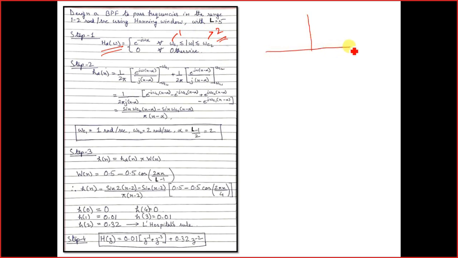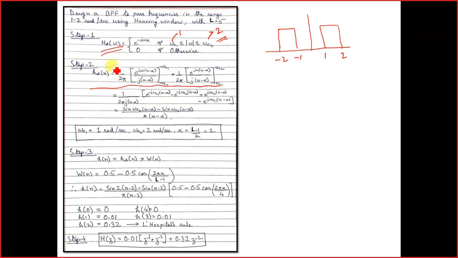If you plot the frequency response, it is 1, 2, and this is minus 1, minus 2. Accordingly we will have equations like this, and you can write down the equation over here.